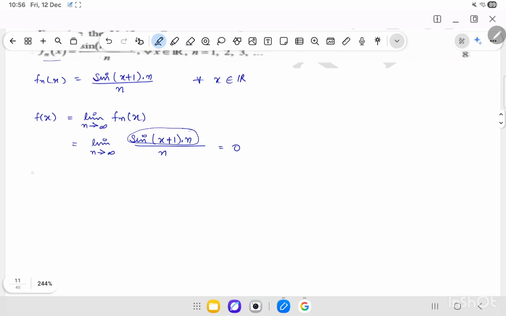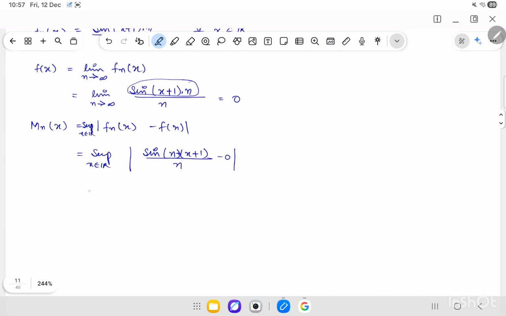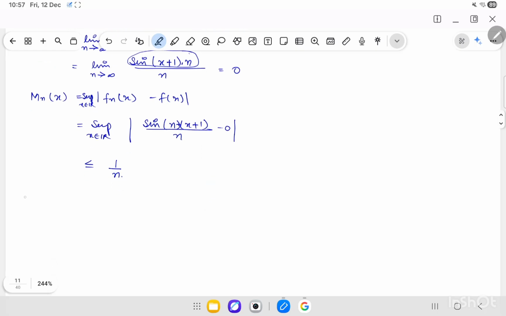Now let's evaluate M_n(x). It will be equal to the supremum over the real line of the absolute value of f_n(x) minus f(x), which is the supremum over x belonging to R of the absolute value of sin((x+1)n)/n minus 0, and this term will always be less than or equal to 1/n, because the supremum of sin((x+1)n) will always be 1, and you can easily observe that M_n approaches 0 as n approaches infinity.